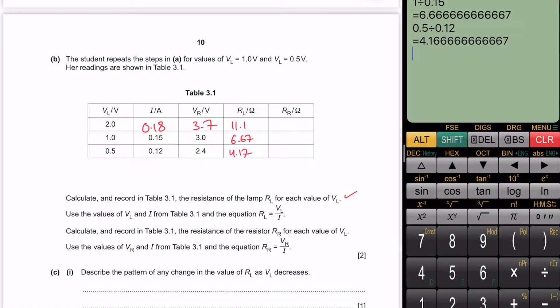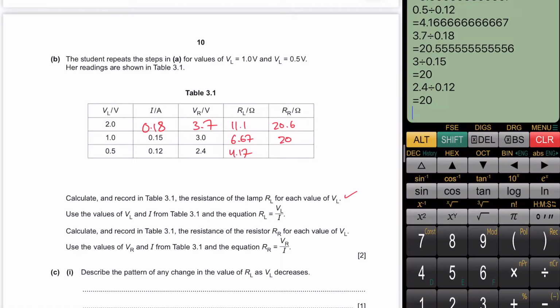Use the values of VR and I to find RR. So I'll be using VR: 3.7 divided by 0.18, that will be 20.6. 3 divided by 0.15, that will be 20. 2.4 divided by 0.12, that will be 20 again.